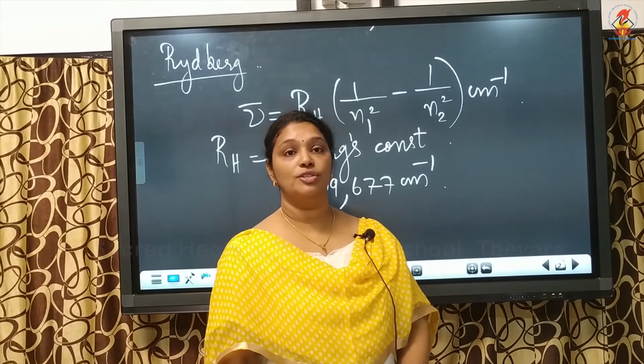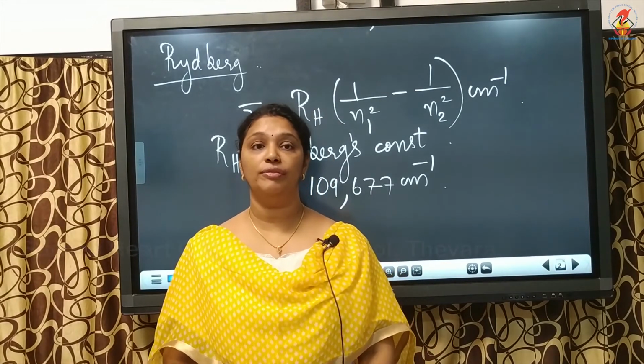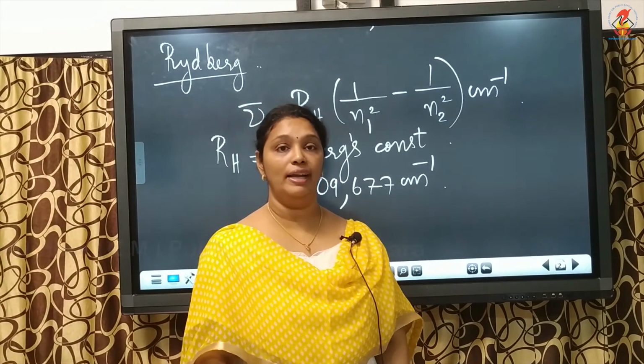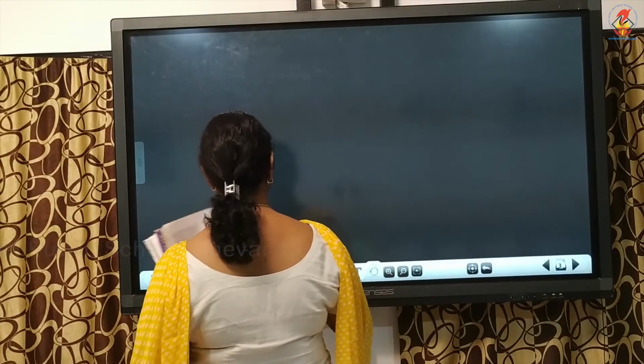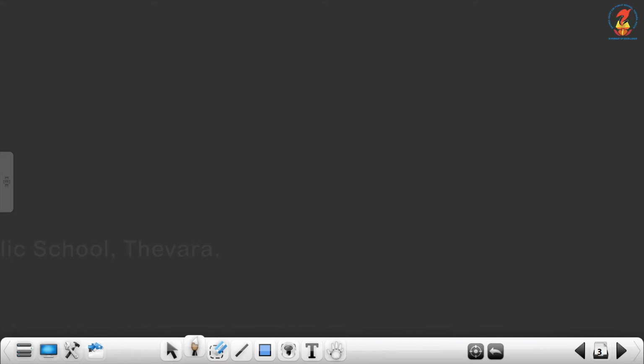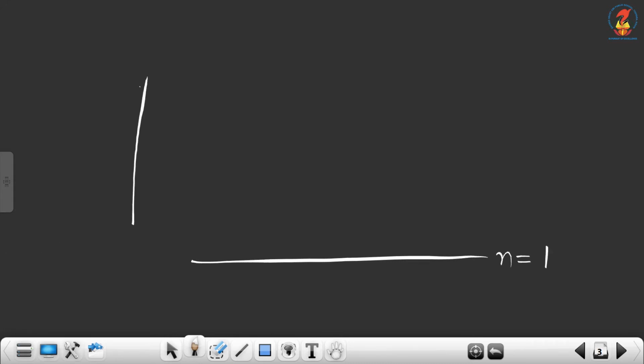Now next, let's draw the energy level diagram for the line spectrum of hydrogen atom. Now we have the lowest energy state, n is equal to 1. Energy is increasing in this order.